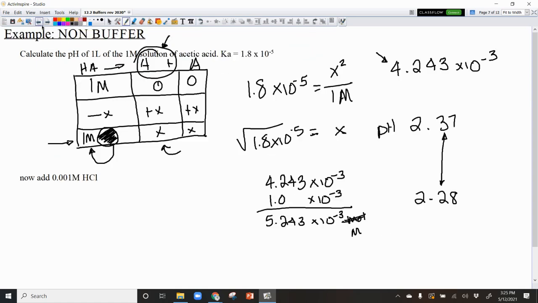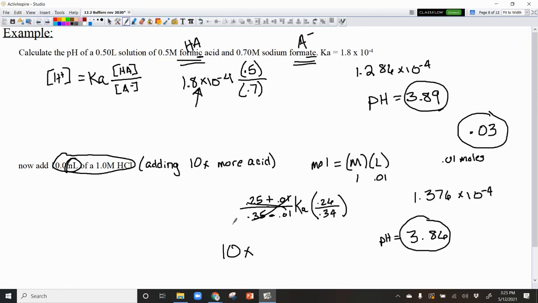Oops, I went the wrong way. We added less acid and it changed the pH a full 0.1. So this is how a buffer solution acts. It soaks up acid and base, so it keeps the pH relatively the same.